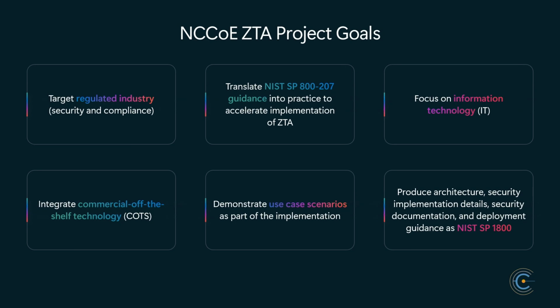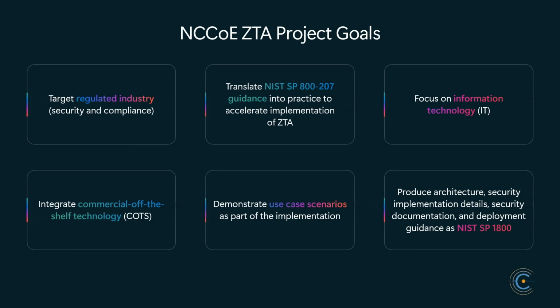And how we actually go about doing this is documenting the use case scenarios. At the end of the day, we want to bring value to the organization. So it's all about demonstrating how you can achieve Zero Trust with some very typical use case scenarios that folks are facing today.